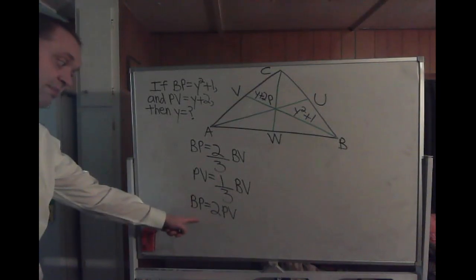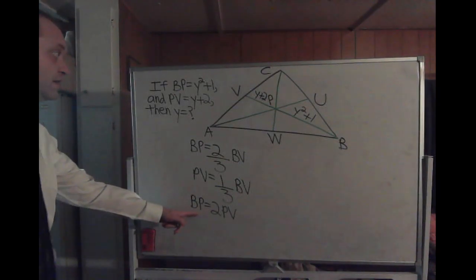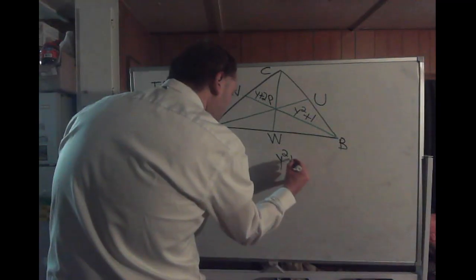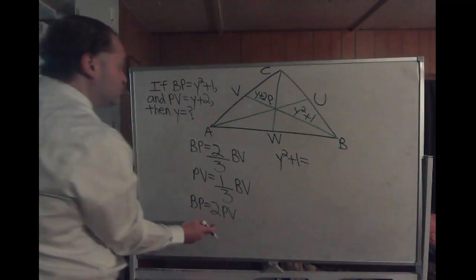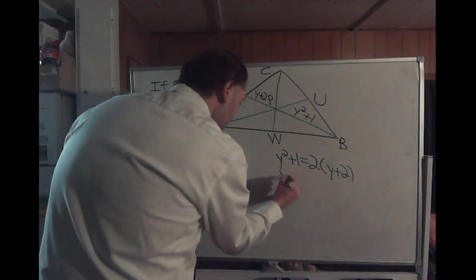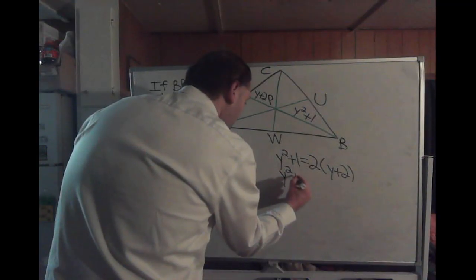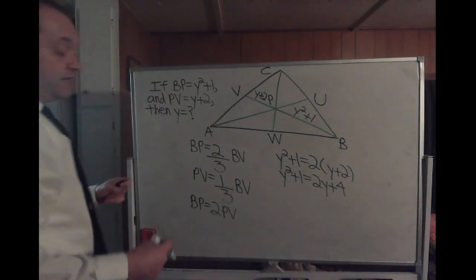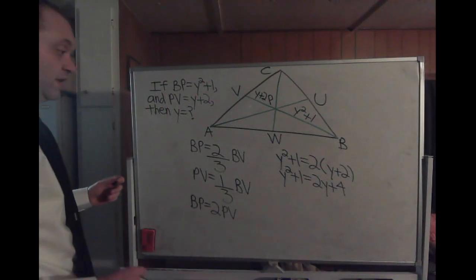So now it's just a matter of substituting the values in. BP was y squared plus 1, so you'll have y squared plus 1 is equal to twice the value of PV, which was y plus 2. Which will do the distributive property. You'll get y squared plus 1 equals 2y plus 4. Now, of course, we have a quadratic equation we got to solve.